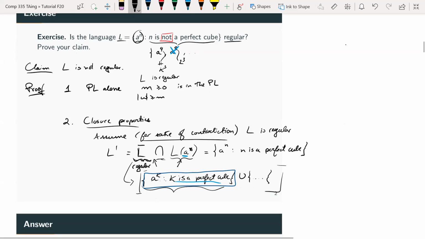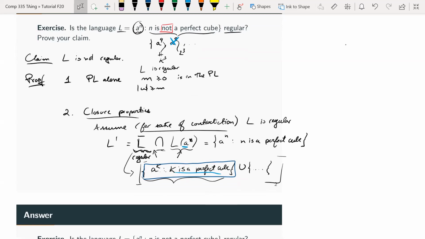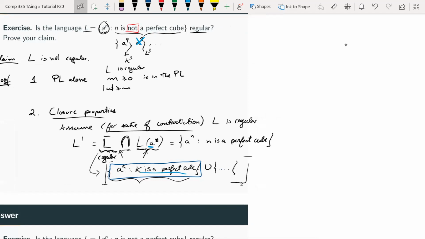And I know that a star is regular, right? Because I've just written a regular expression that denotes it. And I know that the regular languages are closed under the intersection operator. So the conclusion is that L prime is regular.